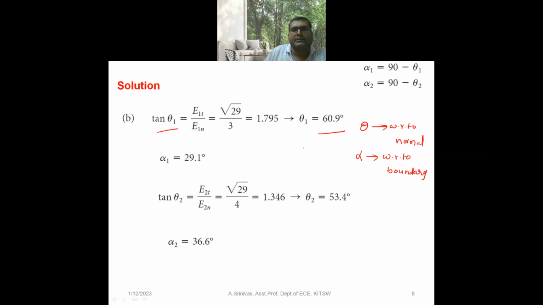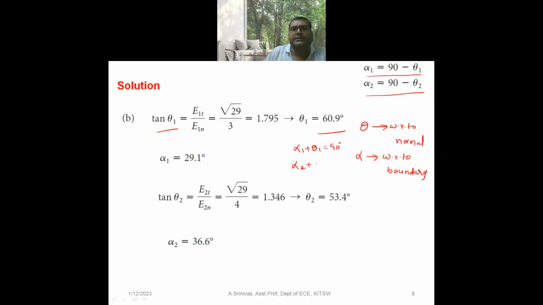In such a way that alpha 1 is equal to 90 minus theta 1, alpha 2 is equal to 90 minus theta 2. That is alpha 1 plus theta 1 is equal to 90 degrees.